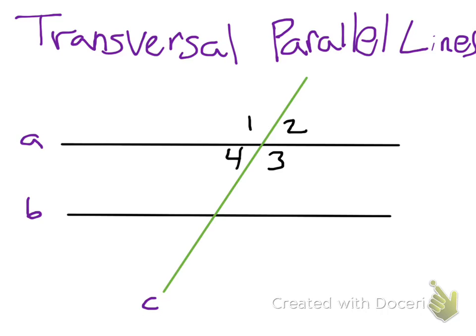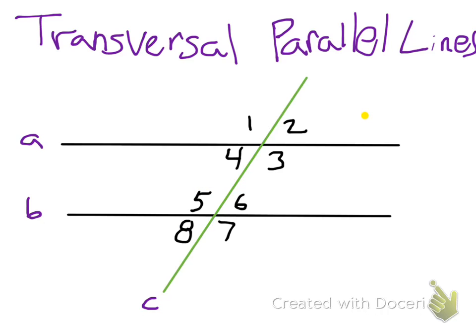Now, I'm going to continue to label some of my other angles here. So I've got 5, 6, 7, and 8. And I could look at some of those similar properties with those angles as well. So let me go back real quick. 5 and 6 are supplementary angles.